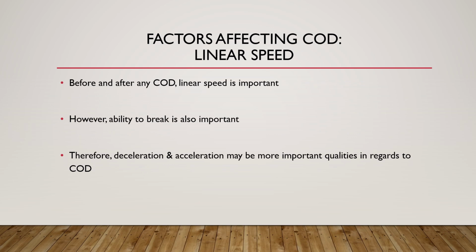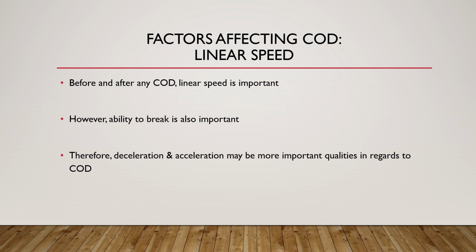And another factor that influences change of direction is both linear speed and acceleration. So before and after any change of direction, obviously linear speed is going to play a role. The faster you can cover a set distance, obviously the faster you will be able to get from point A to point B. So having a greater linear speed could play a role. However, it's likely that acceleration probably plays a bigger role in any change of direction.